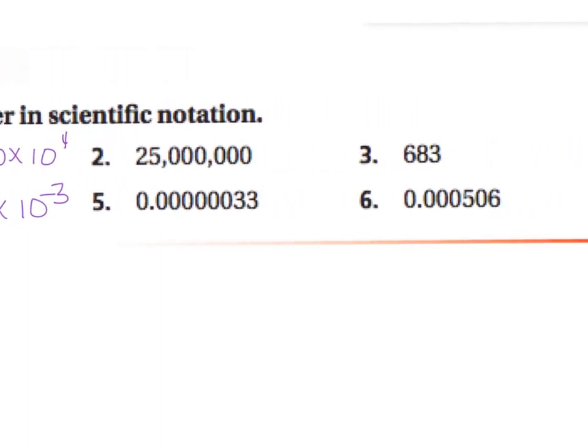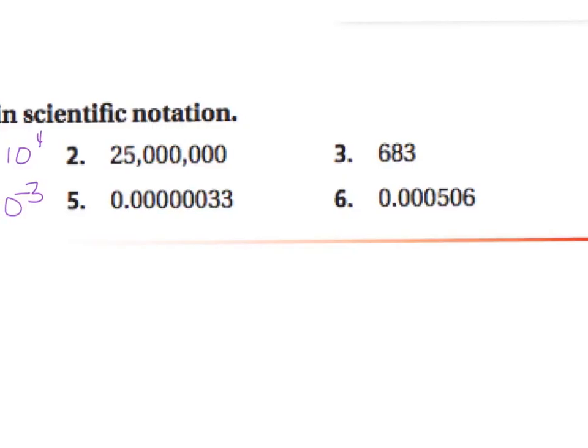Okay, on the next one, I have 2.5 times 10 to the, and I have a decimal here, and I need to move it here. I need to move it to the right, making it bigger, and I move it 7 places, so it's a positive 7. For 5, I have 3.3 times 10 to the, put the decimal after the first 3 there, so I put it there, but I need it to go backwards, so I need it to go minus.